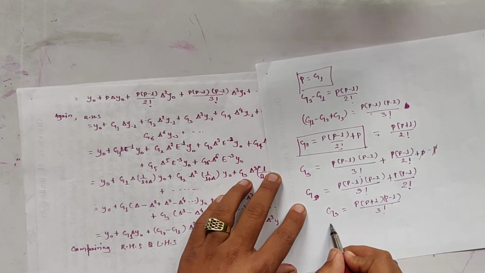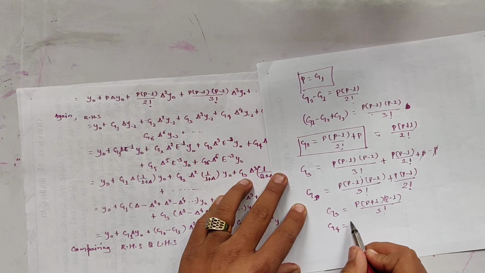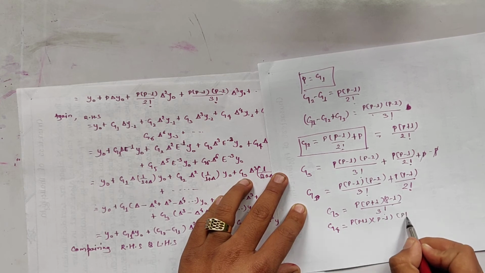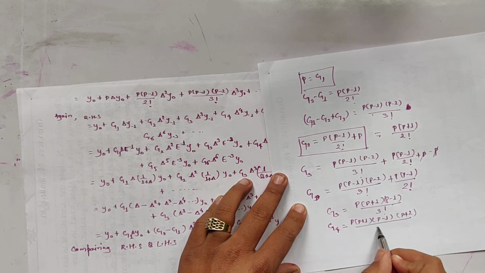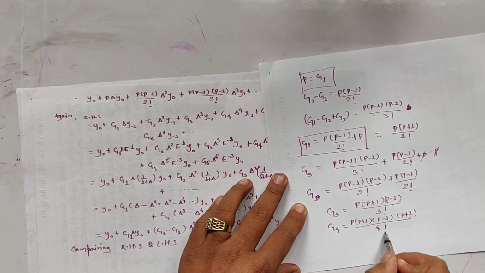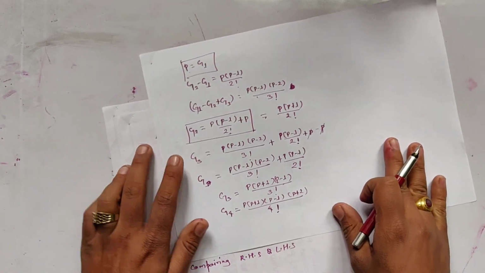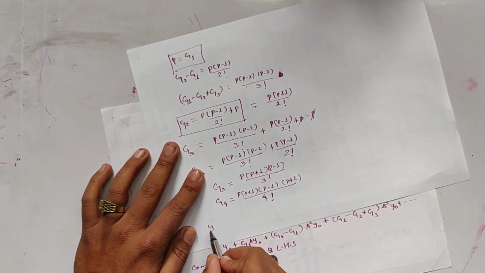Similarly we can get G4 equals P into P plus 1, P minus 1, P plus 2 divided by 4 factorial. Similarly G5 can be obtained.